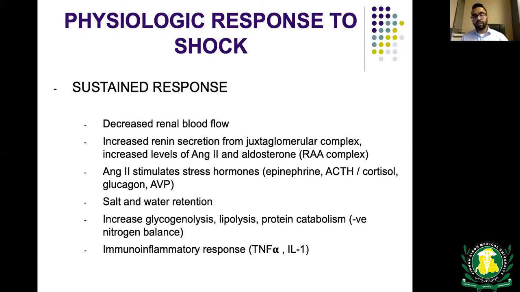Lipolysis and protein catabolism, which causes negative nitrogen balance. And finally, immunoinflammatory response, which can have significant deleterious effects on various organ systems. The predominant mediators are tumor necrosis factor alpha and interleukin-1.